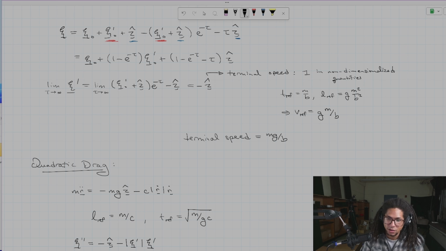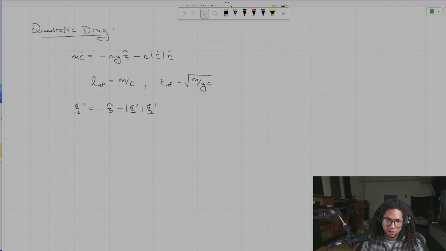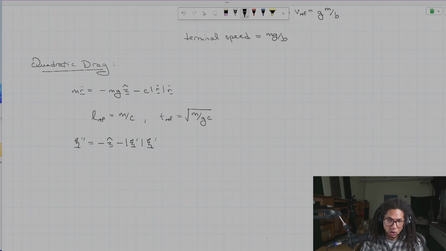All right, so where do I go with this case? Well, given that it is a first order ODE for c prime, and because it's not linear, I would really have to write it out as a system of ODEs for the components. So let me quickly do that.